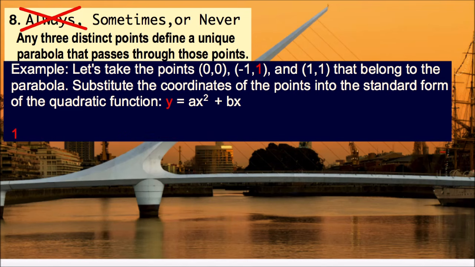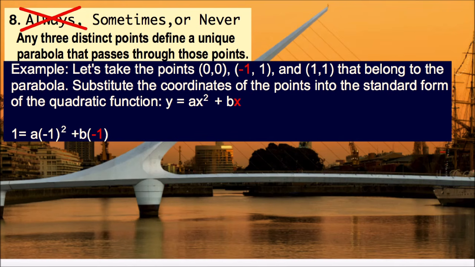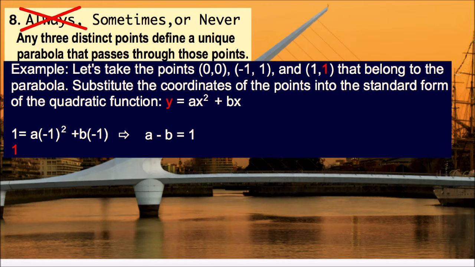Now the next point, 1 equals a times negative 1 squared plus b times negative 1. Thus, a minus b equals 1. Now our last point, 1, 1. 1 equals a times 1 squared plus b times 1. Thus, a plus b equals 1.